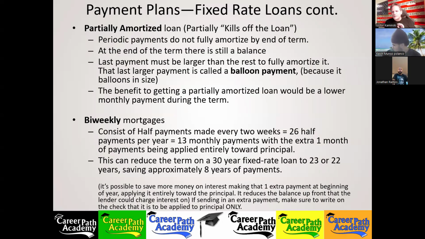To interest only, equally to interest and principal, or only towards the principal? Apply it only towards the principal for crying out loud. Yeah, that's what you want to do. You could save a lot of money by doing this.